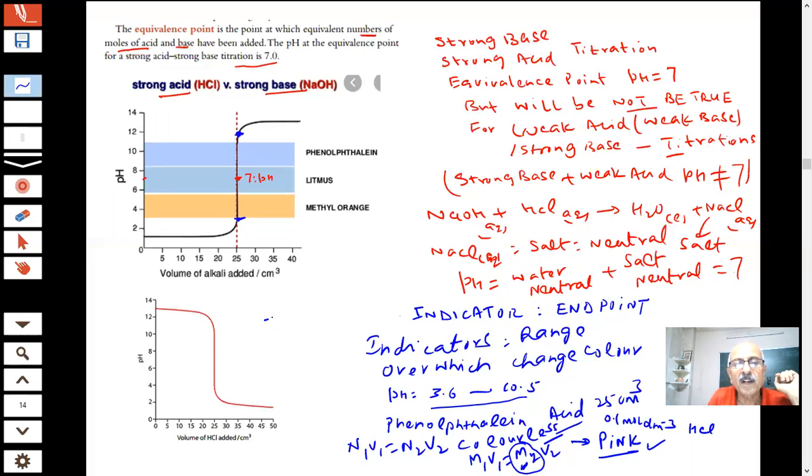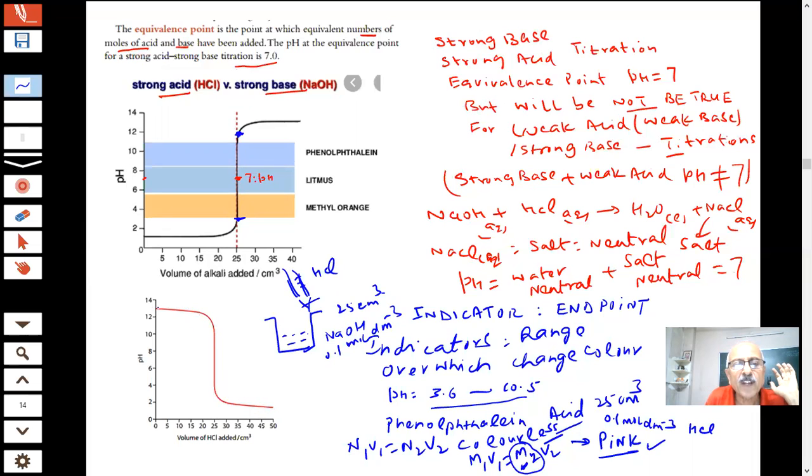If I take NaOH in the beaker, 25 centimeter cube, which is 0.1 mole decimeter cube, and if I add HCl from the burette, then the curve will be like this.